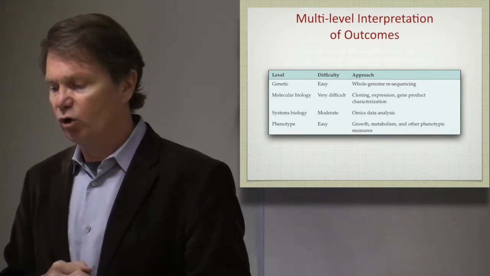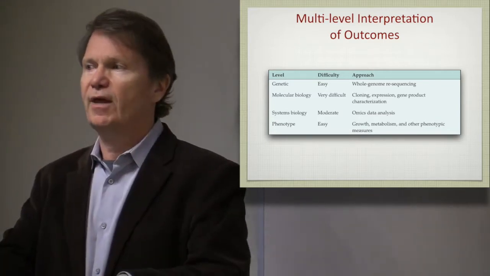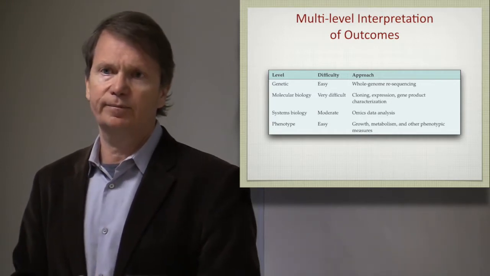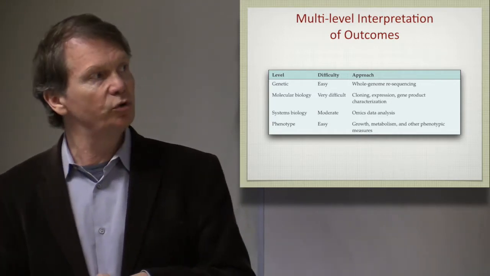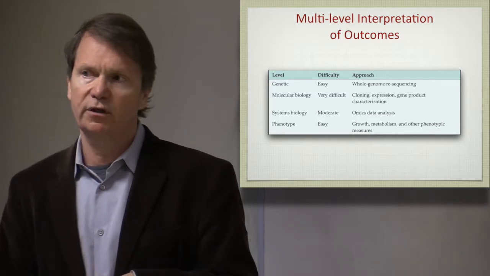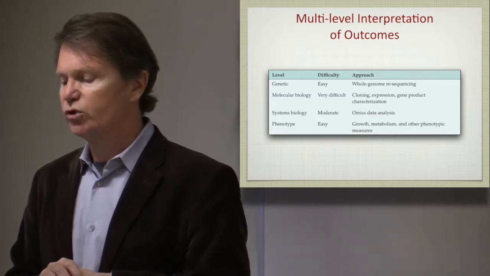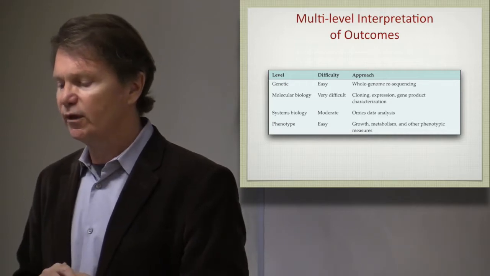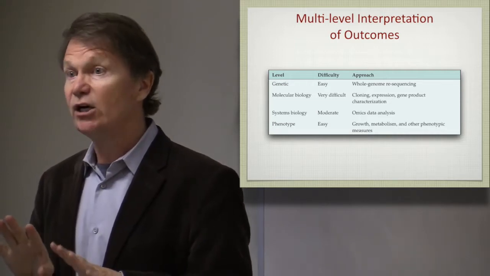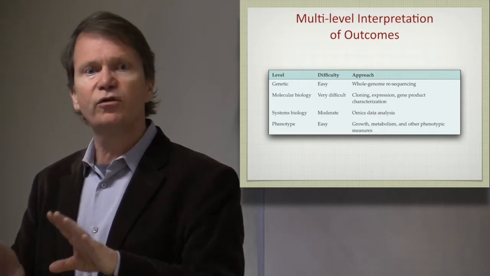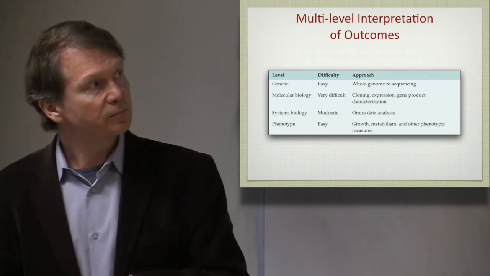And now that we have good reconstructions, you can map that data onto a reconstruction and you can interpret the changes that are happening. So you can deploy systems biology here. And that's maybe ultimately the most informative level of doing this analysis, because the cell is economizing itself. It's not just one gene, it's economizing its balanced function to be more fit.